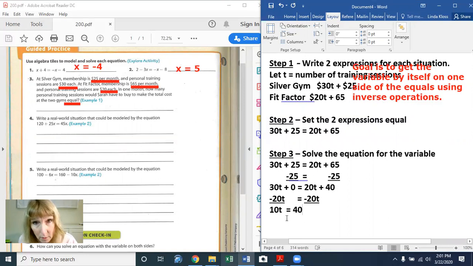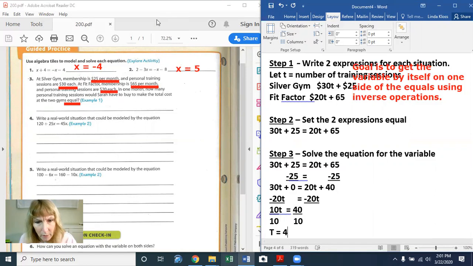Now I'm still having to get the T by itself. I'm going to use inverse operations of division because I have a multiplication situation here. And I'm going to divide both sides by the 10. That's the coefficient in front of the T. I do that. I get 10 divided by 10 is 1T, or just T, equals 40 divided by 10 is 4.